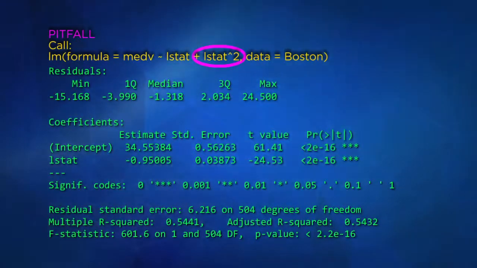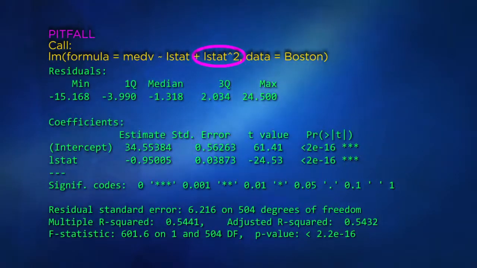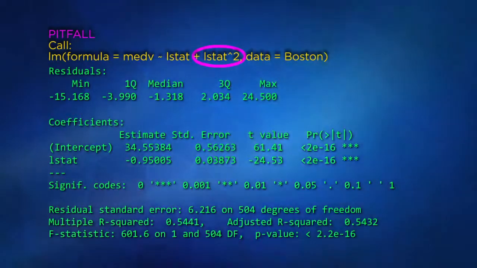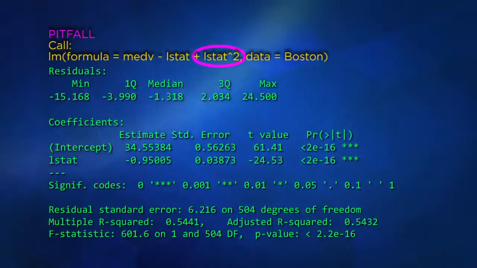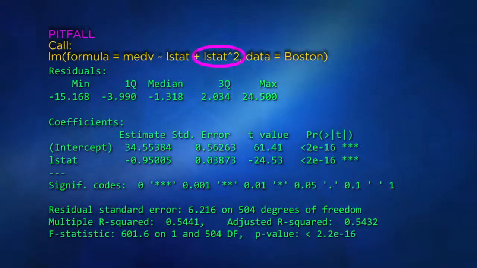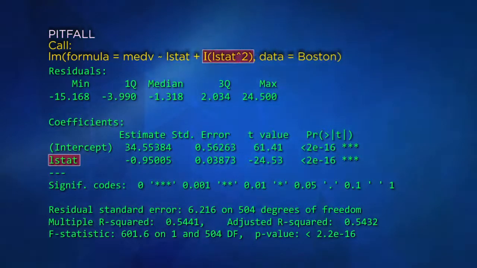Notice what R does. It just fits the same model as median value on lower status. In fact, LSTAT squared looks like a variable name that we forgot to define, so it gets ignored without having that indicator function. So the indicator function is necessary when we want to fit polynomial regression models.